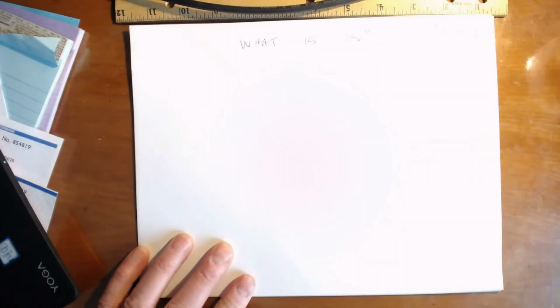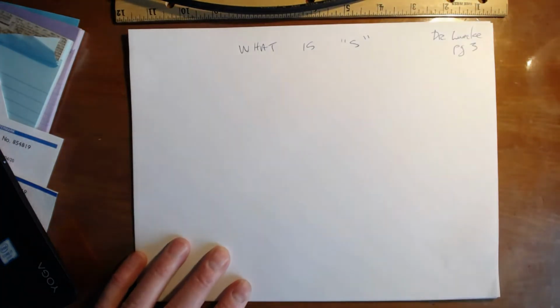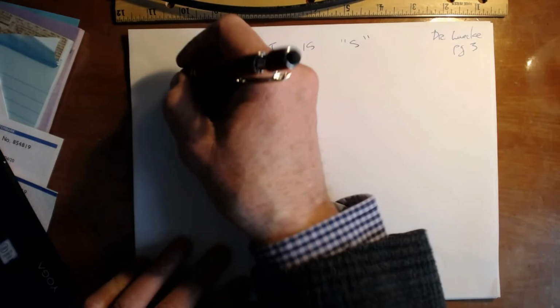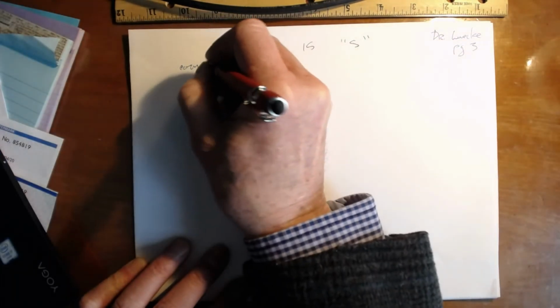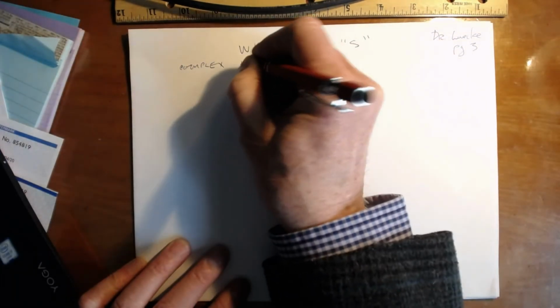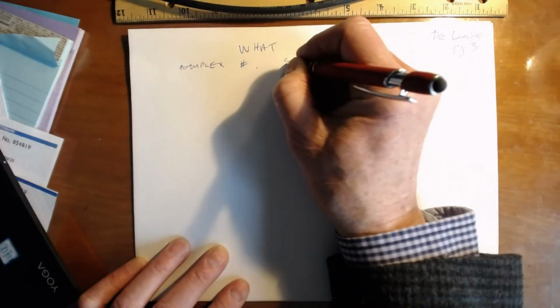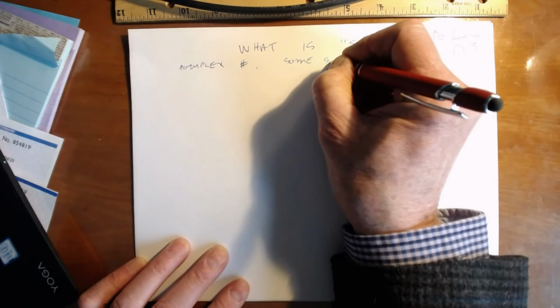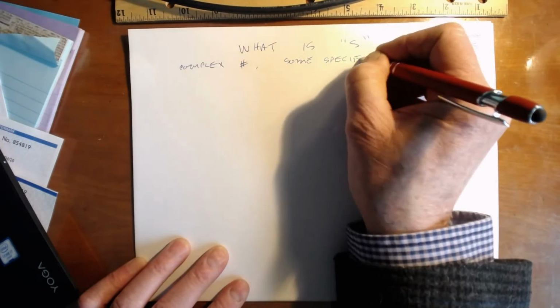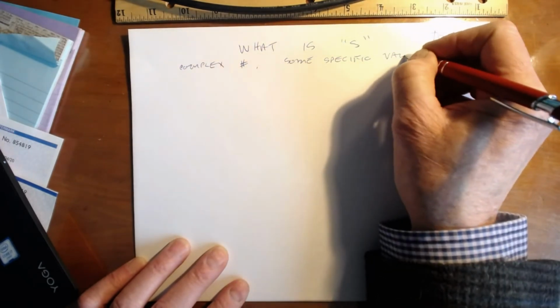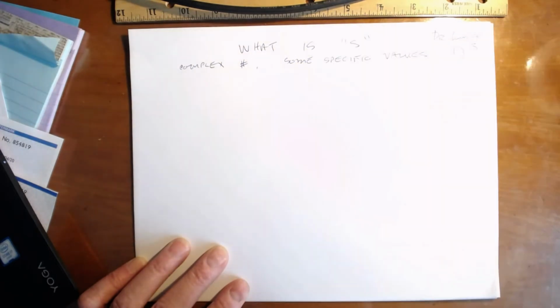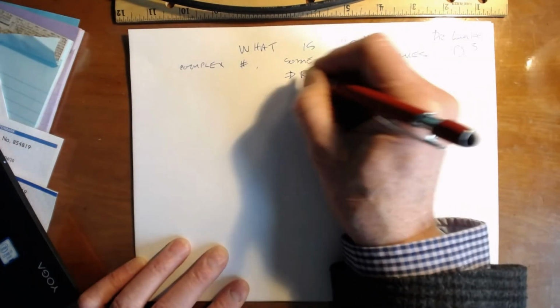What is S anyway? S is a complex number, and some specific values are the roots of the characteristic equation.